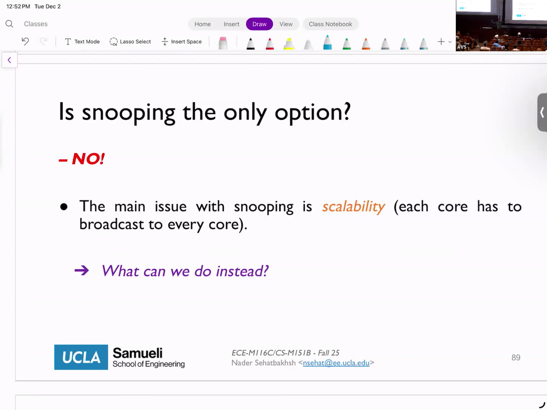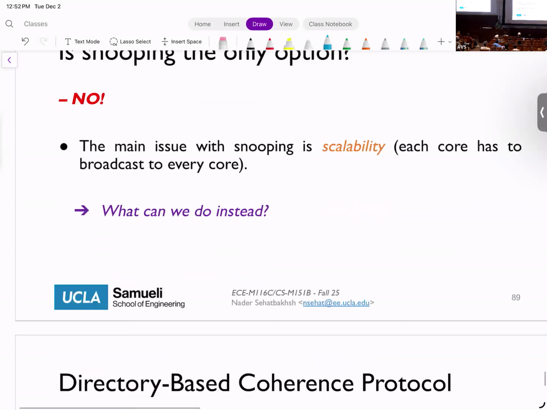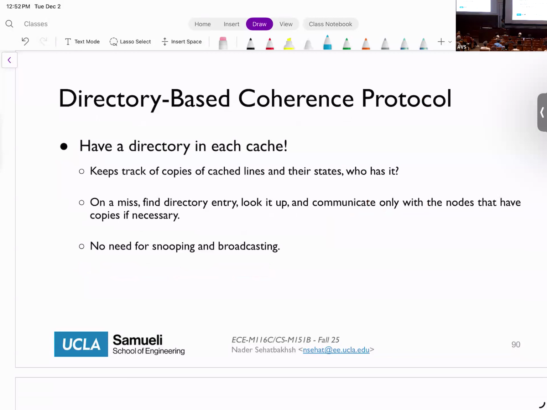So typically for large scale systems, we have what we call a directory-based coherence protocol. Directory based means that we maintain the mapping of the data inside the main memory.